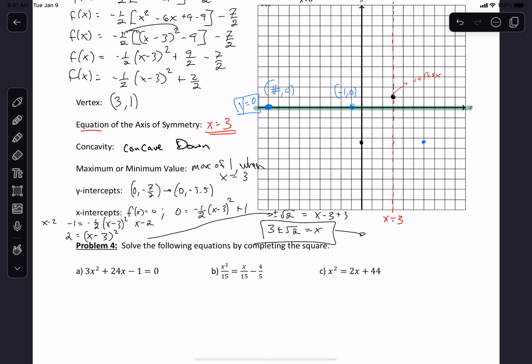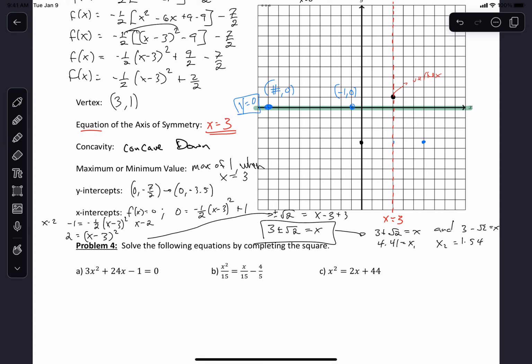Okay, from there, just like your quadratic equation, you're going to have 3 plus root 2 is equal to x, and 3 minus root 2 is equal to x. And so we're going to get one x value, the square root of 2. The square root of 2 is what, like 1.41 or something. So one of the x values is going to be 4.41, and the other, x2, is going to be 1.54, somewhere in there.